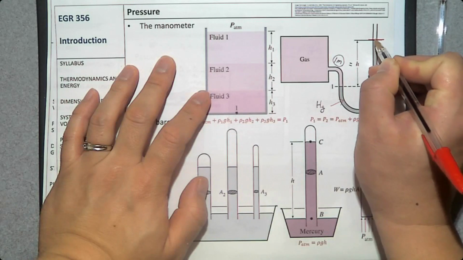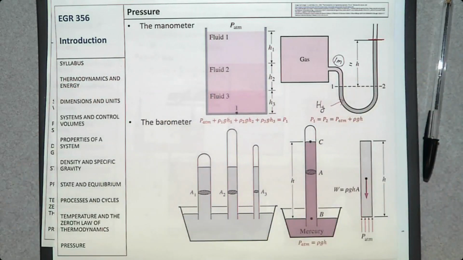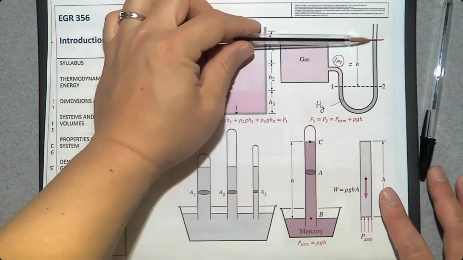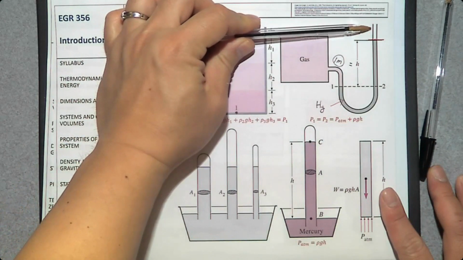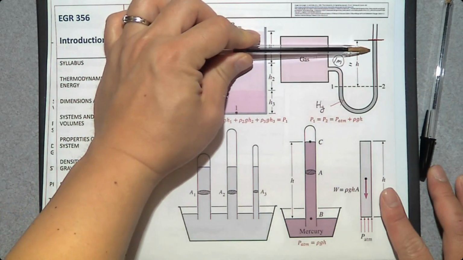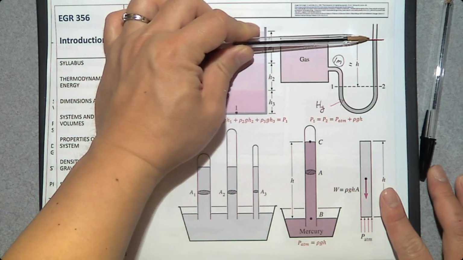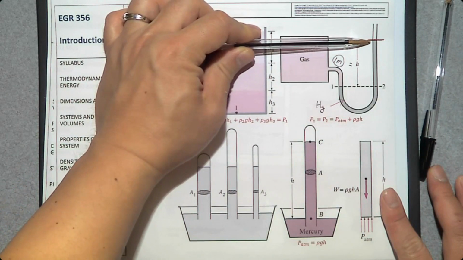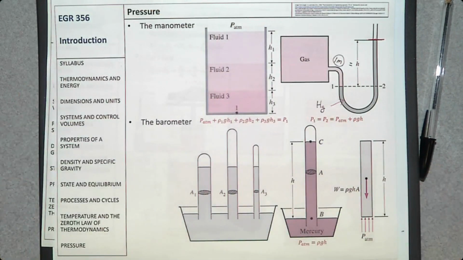At this surface. This surface is open to the atmosphere. What does it mean? Do we assume that this surface goes up or goes down? No. We assume that it is stationary. It doesn't move. Then what is the pressure value at this point? The atmospheric pressure.